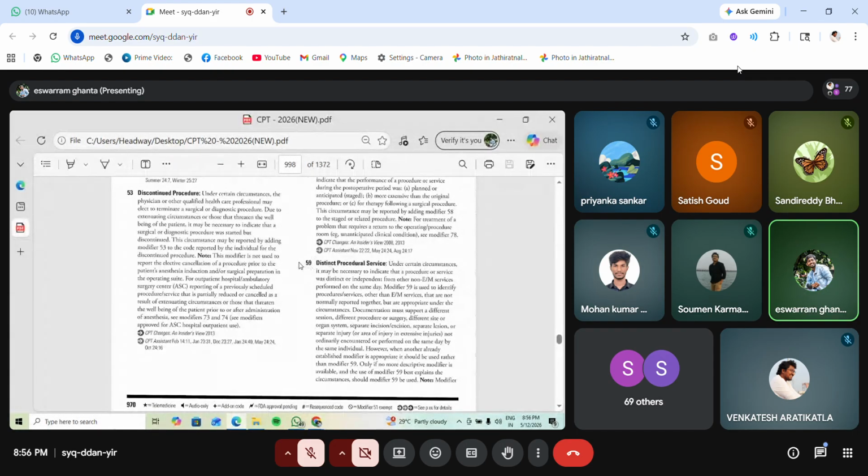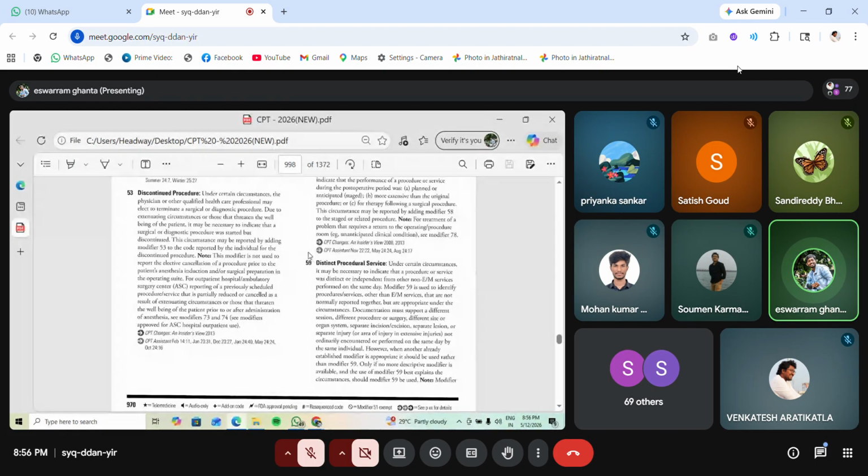Just remember, distinct procedural service means that when a physician is doing one procedure like debridement, and along with the debridement he is doing any other procedure like a repair, that indicates one procedure is different from another procedure.